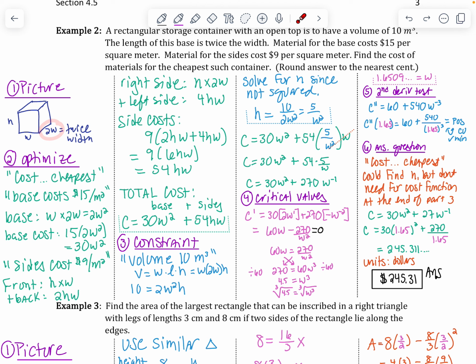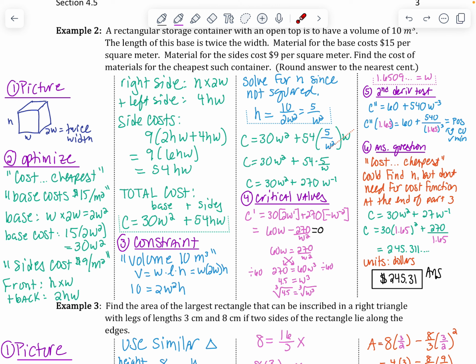But remember, I don't actually have a length. I have 2W where that is. So I've got 2W squared times H equals 10. Since H is not squared, let's go ahead and solve for H. We knew we had to solve for one variable, so dividing both sides by 2W squared is easiest, and then I went ahead and simplified.